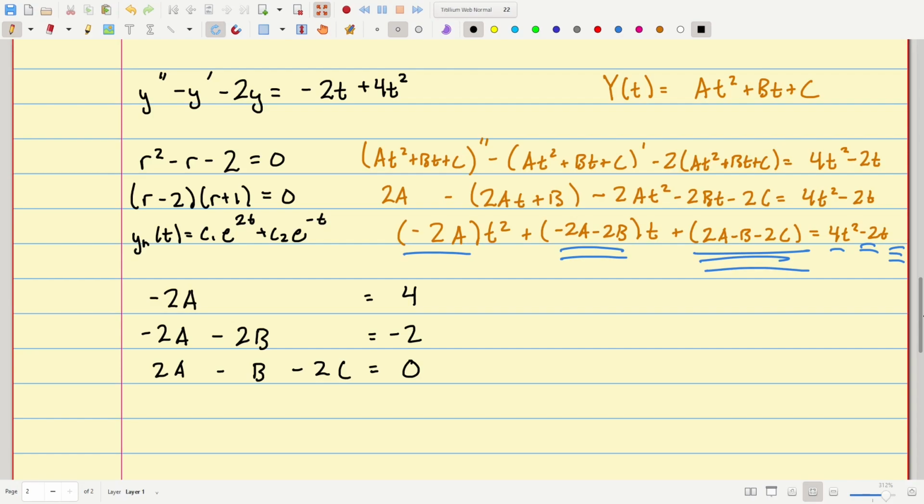This happens to be a terribly convenient system of equations because we can immediately go to back substitution, right? A is equal to negative 2. B is equal to negative 2 plus 2 times negative 2, all over negative 2.